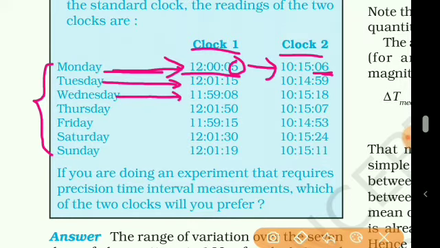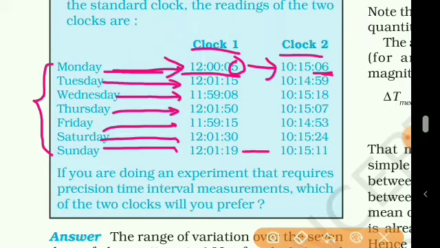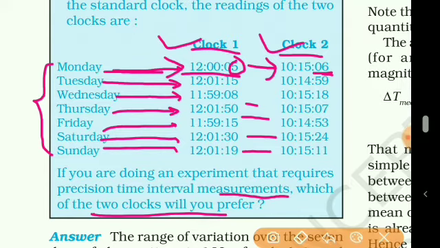Every day the time shows in this way. Now after comparing this observed time for these two clocks, we have to answer which clock we should use during the measurement of time in any experiment. Here the precision is to be considered.